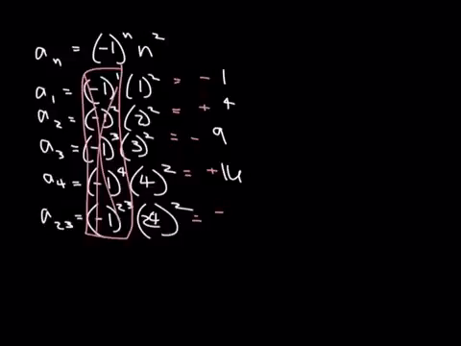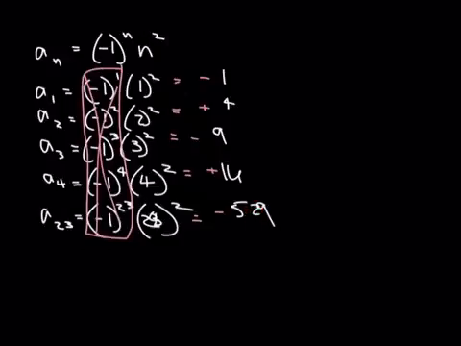Oops, this is 23rd, isn't it? Sorry about that. So that's going to be -529. So my first four terms are going to be -1, 4, -9, and 16. And my 23rd term, because 23 is odd, is going to give me -529.